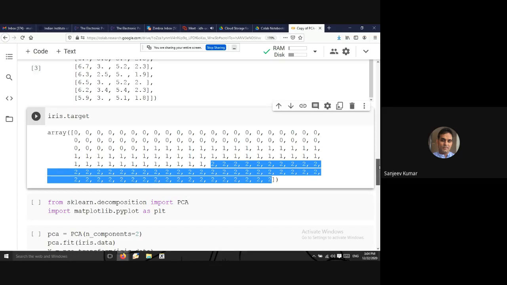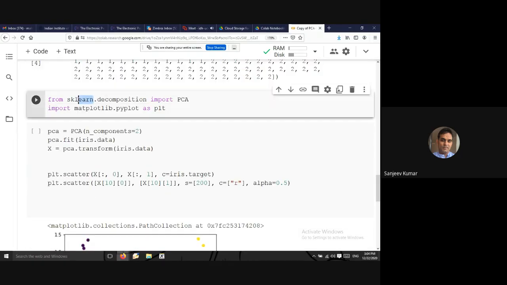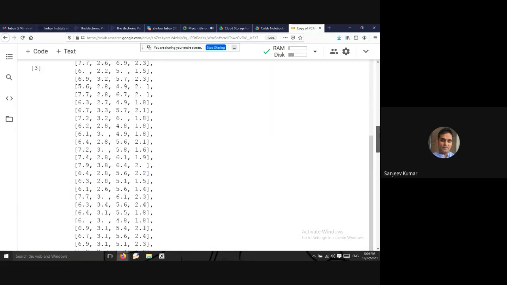Now from sklearn, from the decomposition package, I am importing PCA. So you can directly call PCA in your code, like the covariance matrix, eigenvalues, eigenvectors, whose theory I have introduced to you. You can directly import it in your code. And then you have matplotlib pyplot for plotting. It is a 4-dimensional problem, you can see.